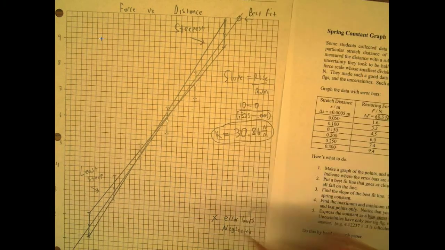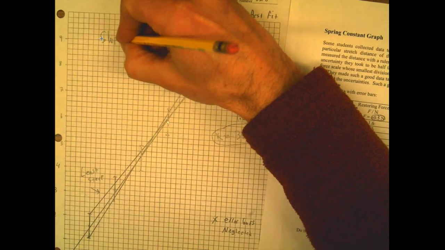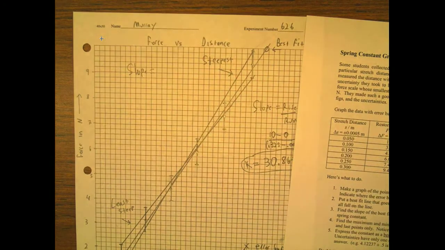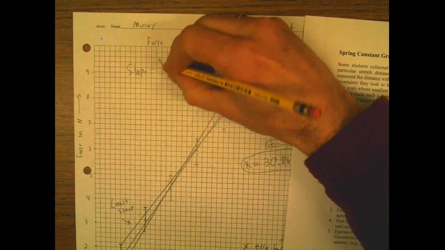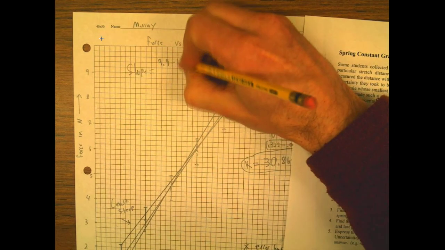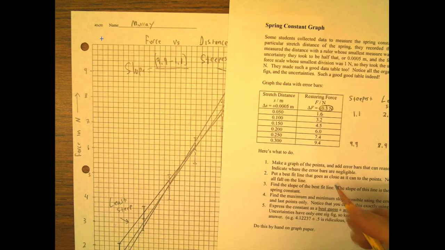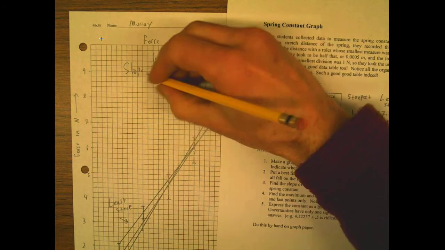So the steepest line, if we want to do that slope, the rise is 9.9 minus 1.1. And then the run's easy. The run is 0.3 minus 0.05.